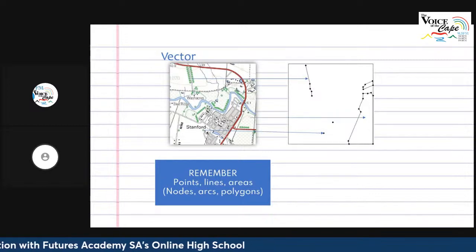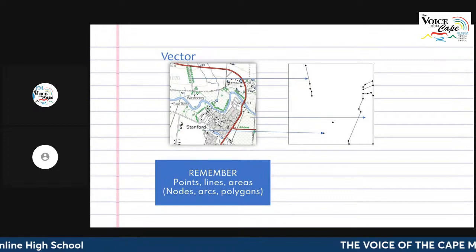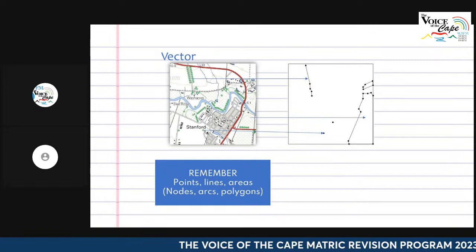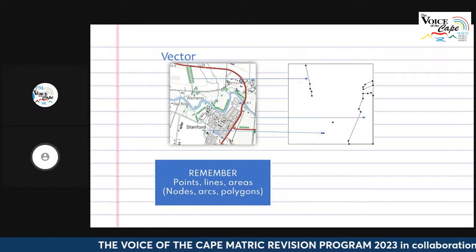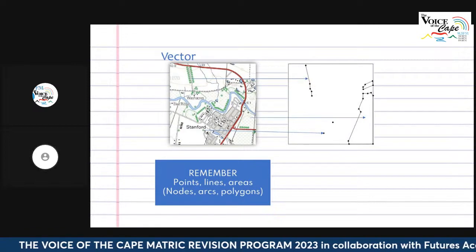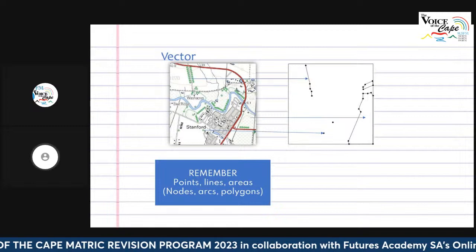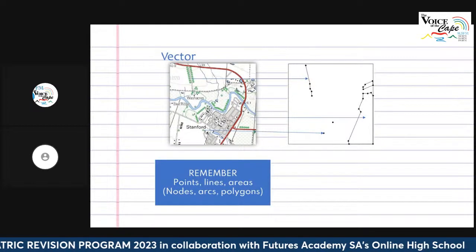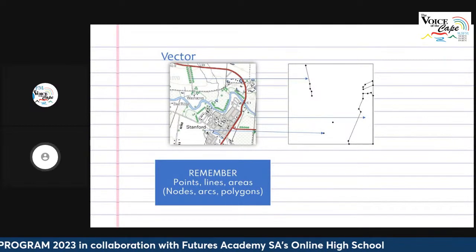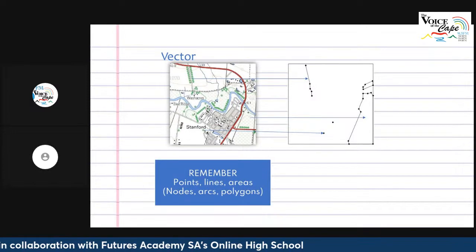In this particular case, there's a lot of lines. There's a river system that runs through this. There's another road that runs through this. Both are lines. There is also a boundary wall. It is those jagged little pieces of lines that could also be regarded as a line. There's many points on this particular piece of map as well.